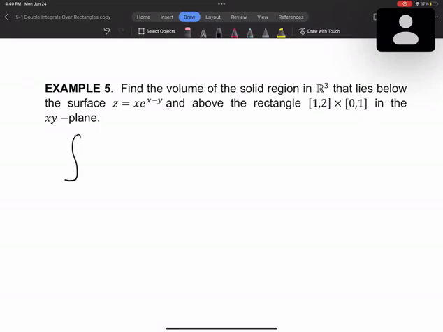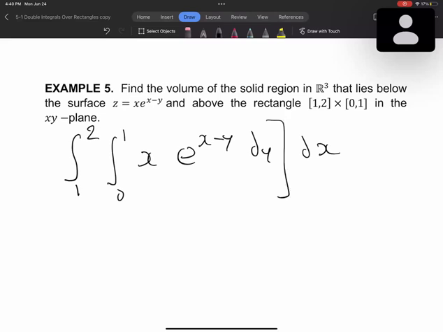So we're going to do the integral between 1 and 2, and the integral between 0 and 1 of x e to the x minus y dy dx. If you did the other order, that's fine. We will do the other order too. Either way, it's going to give you the same.